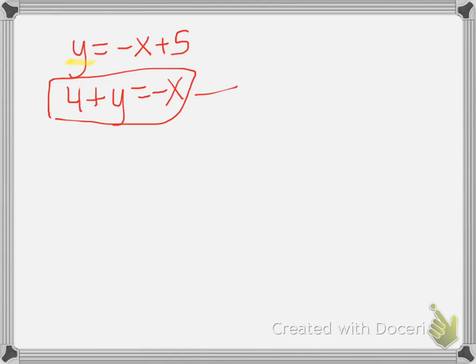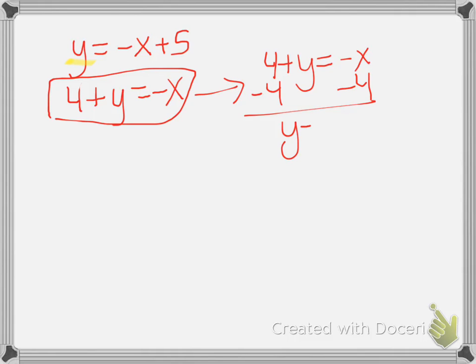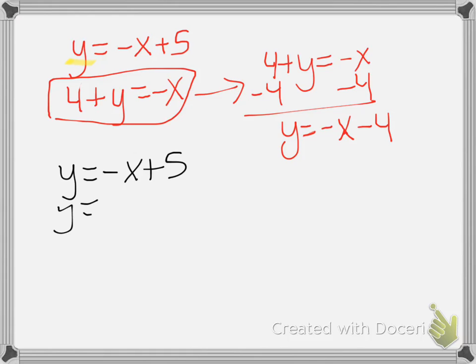If I take the 4 plus y equals negative x, and I move the 4 over, I'm going to get y equals, and I want my x first because that's how it is in the first equation, negative x minus 4. So I'm going to rewrite my two equations here. I have y equals negative x plus 5, and I have y equals negative x minus 4.